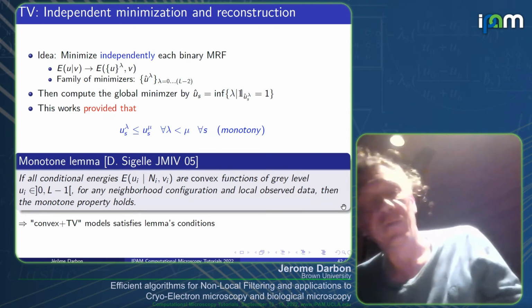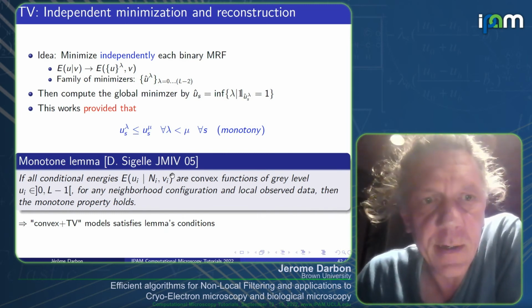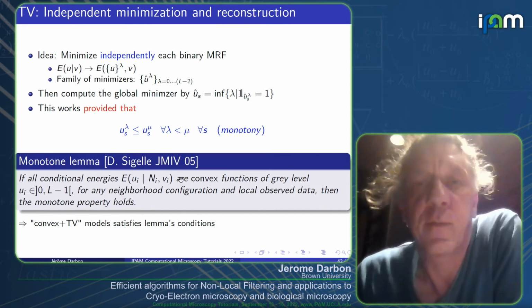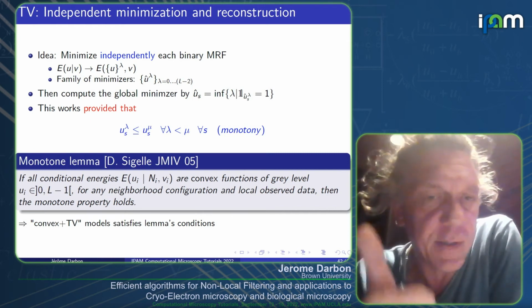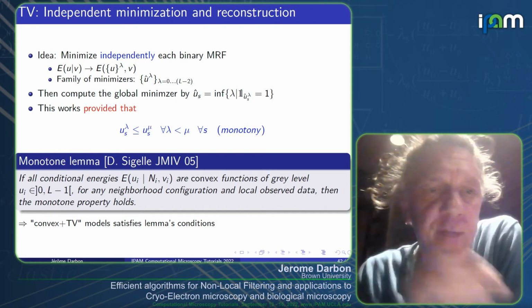And then we have a result that says yes, under the assumption that essentially the data fidelity is convex, which is assumed in this work here. For instance, the data fidelity could be L1, could be quadratic, or could be any convex function.